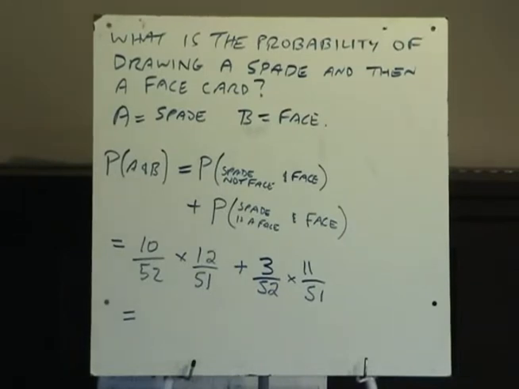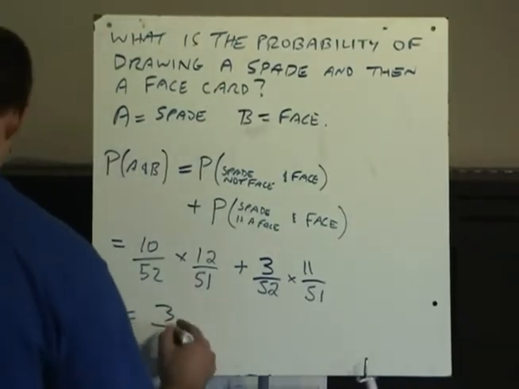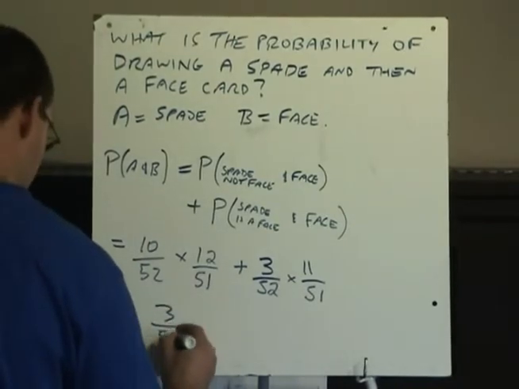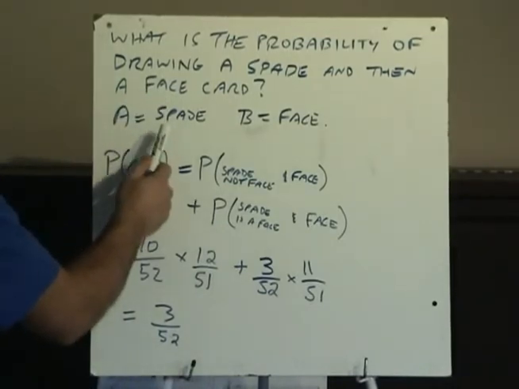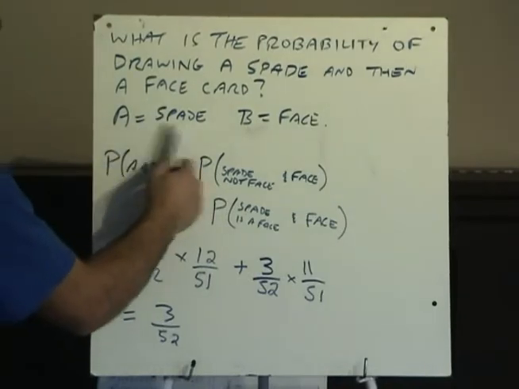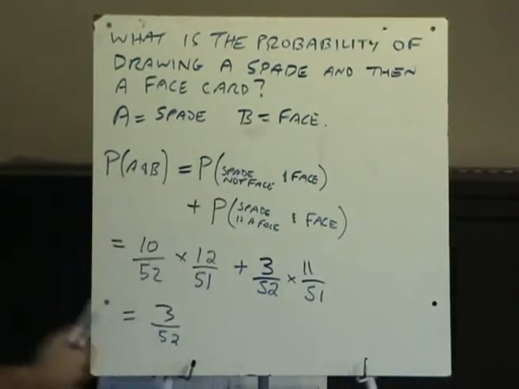And when we work this out in the calculator, we get 3 out of 52. So the probability of drawing a spade first, followed by a face card, would be 3 out of 52.